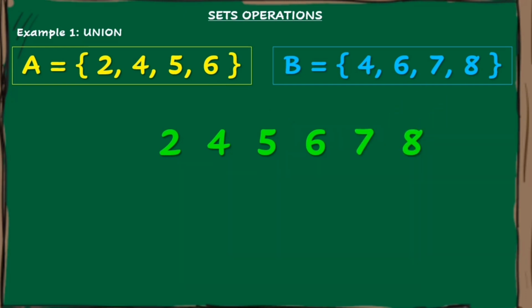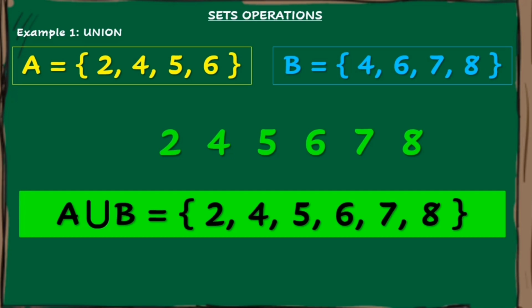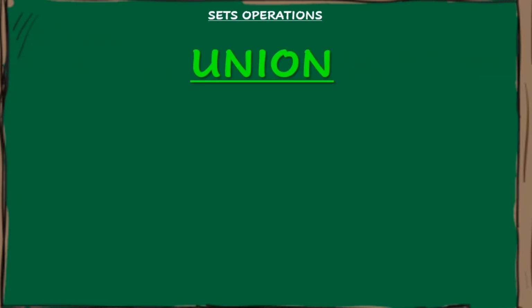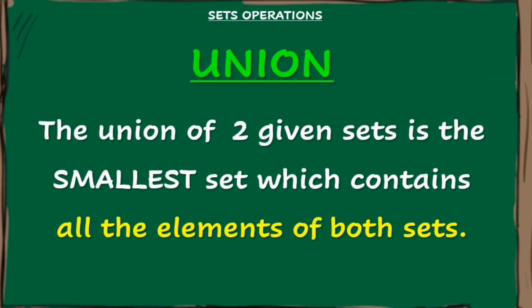This new set contains all the elements of set A and all the elements of set B with no repetition. We can name this set as the union of set A and set B. We will use this symbol. The union of two given sets is the smallest set which contains all the elements of both sets.